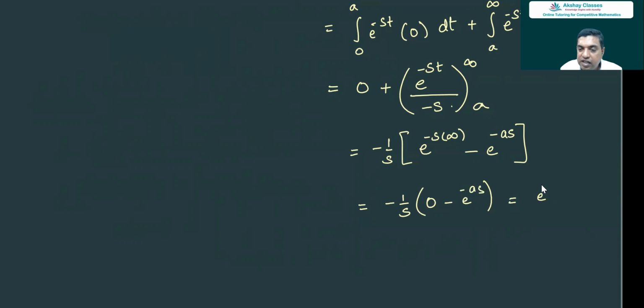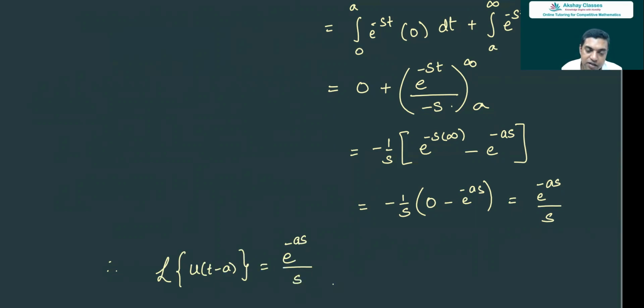So we get e power minus as upon s. So this is a very important result. The Laplace transform of this unit step function, or the Heaviside function, is simply e power minus as upon s.